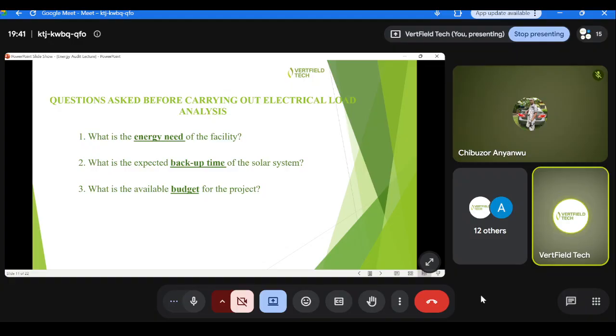When you are to run electrical load analysis on a facility, there are specific questions you are expected to ask whenever a client calls you for that particular project. There are three questions to be asked. Two questions are standard questions, and one is a bonus question.